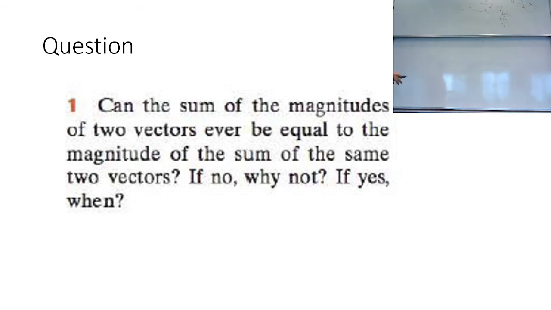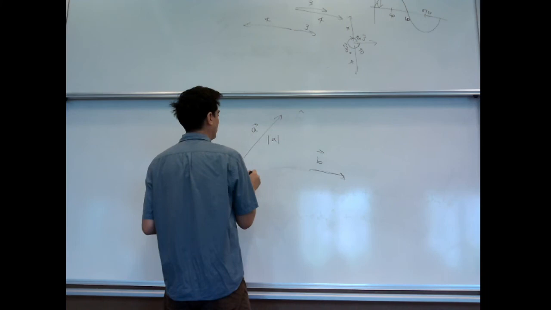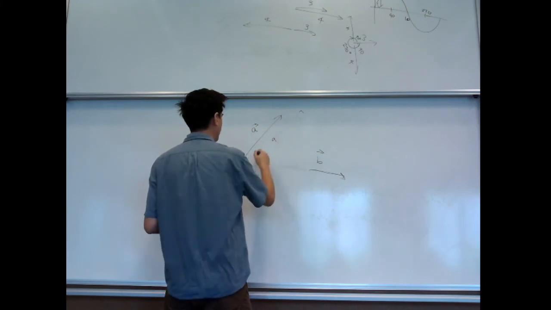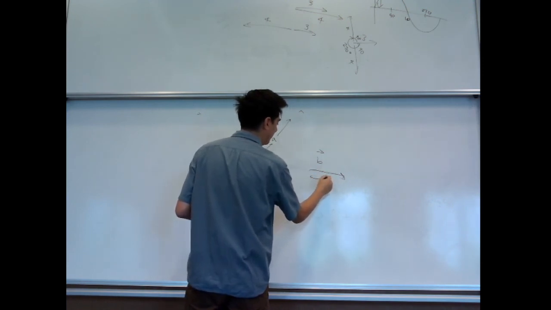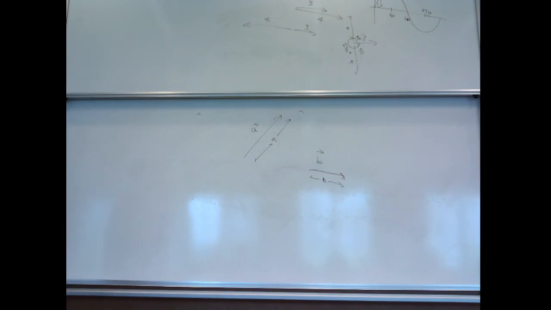So let me just visualize it a bit. So we've got two vectors. All right, so let's call them A and B. So the magnitude of the vector is, of course, just this length. So maybe we should make some kind of different lengths. So that's the length of A and the length of B, right? So A is this length, and this is B. Length of these two vectors, yes.